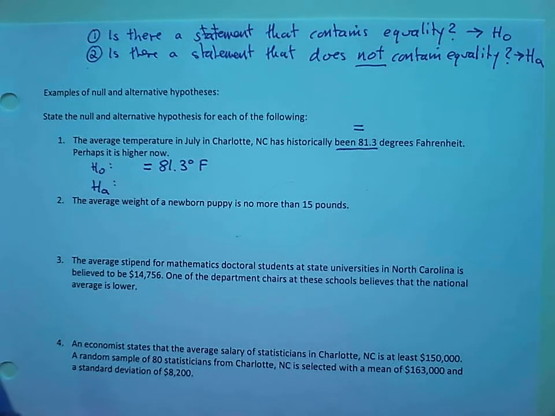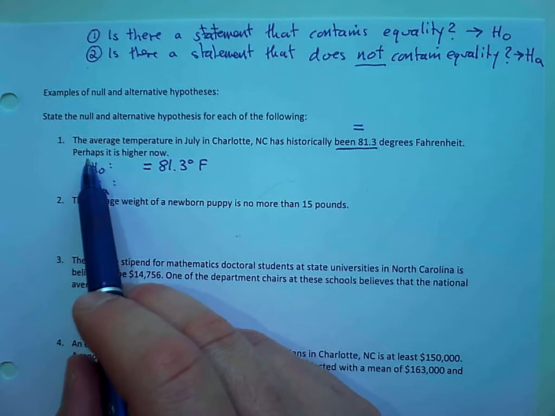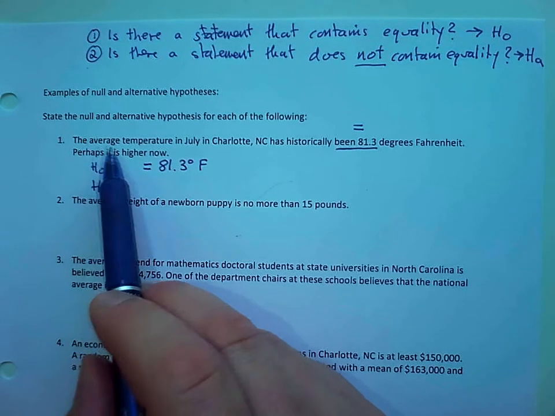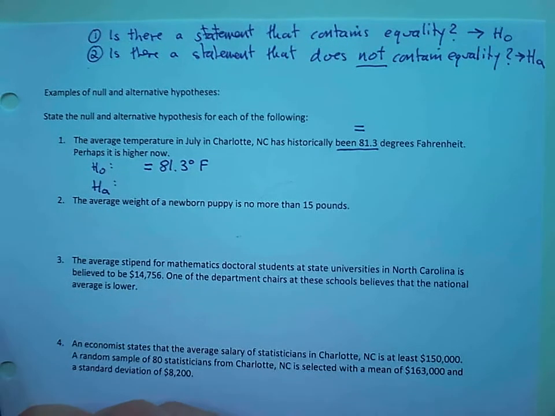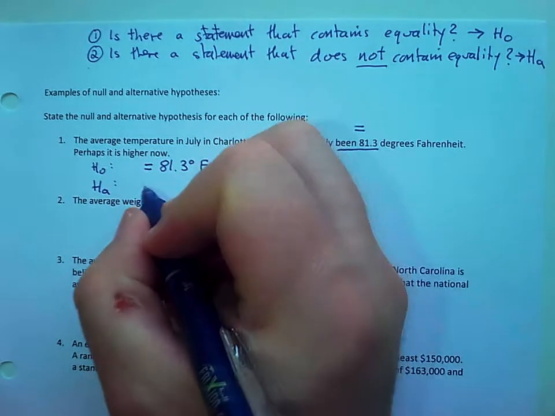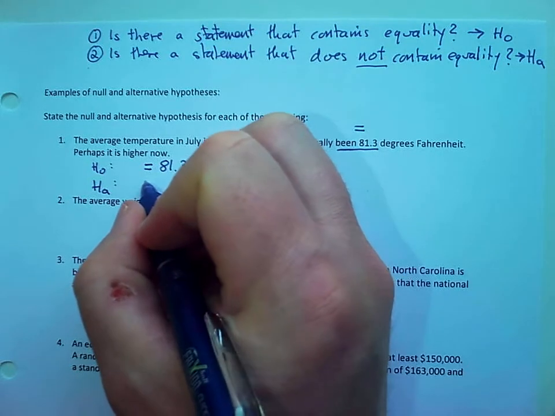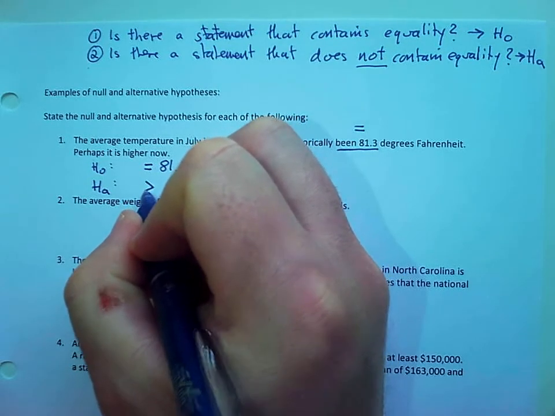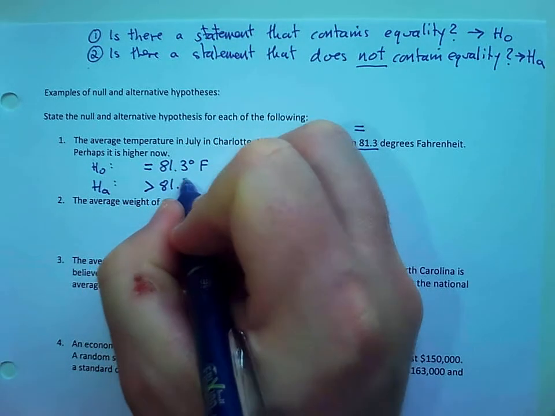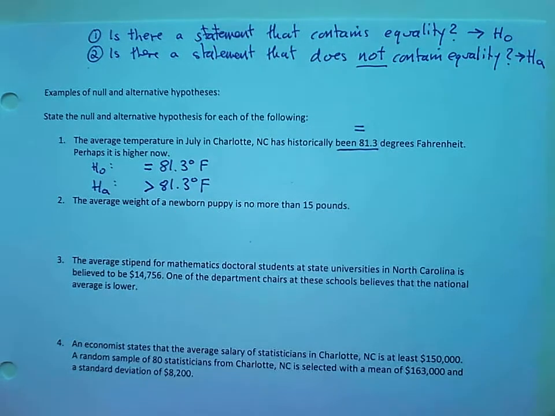So, we do have such a statement, and it says perhaps it is higher now. Perhaps the temperature is higher, which means that perhaps the temperature is greater now. So the symbol that we're going to use for this is greater than 81.3 degrees Fahrenheit.